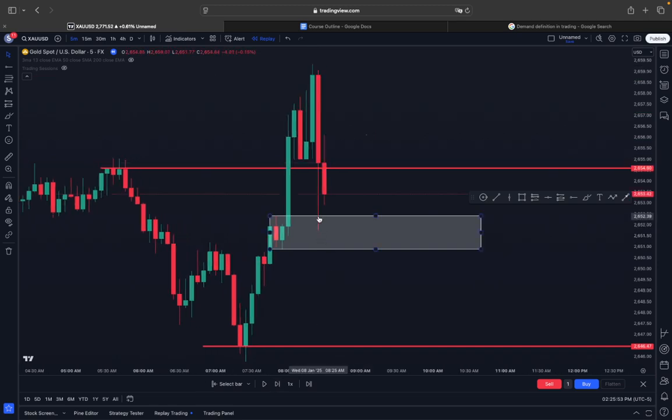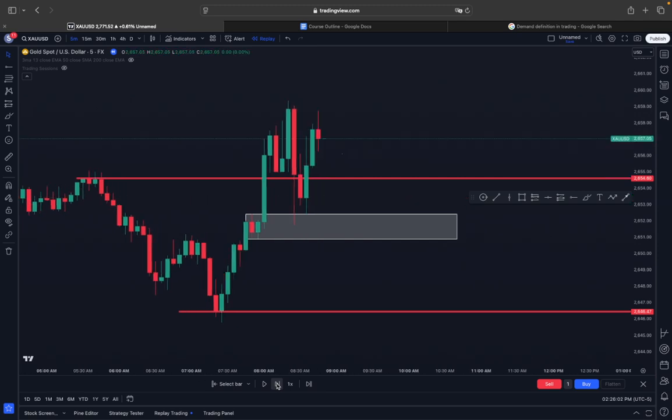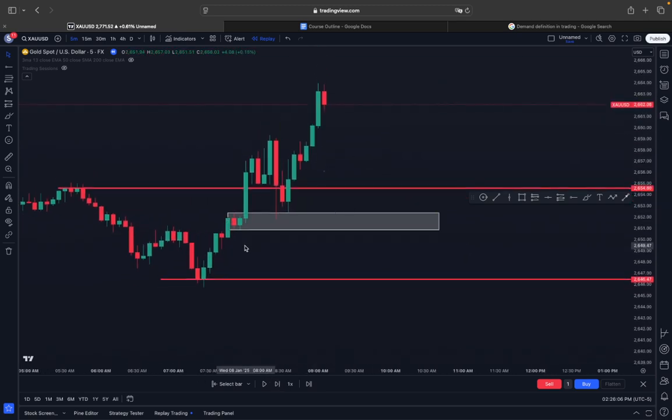We got price came, tapped this demand zone, and then guess what it's going to keep doing? It's going to then start going up again. So what does that look like right there? Low, high, higher low. We got a new high. And what do we say?